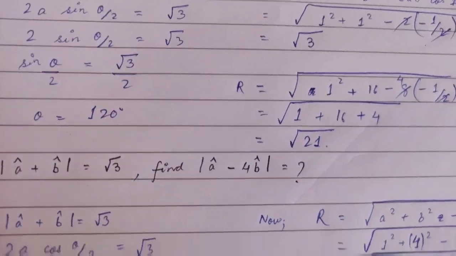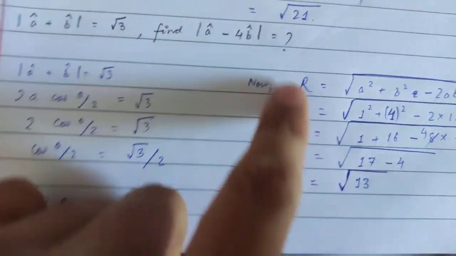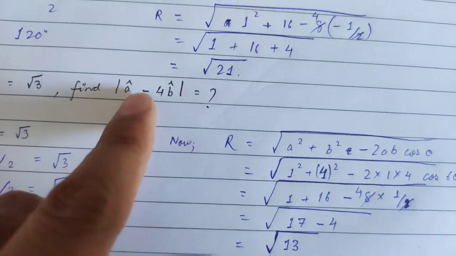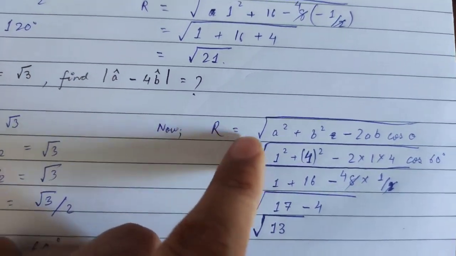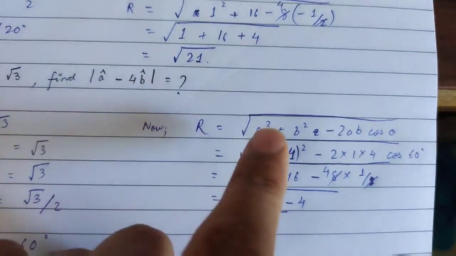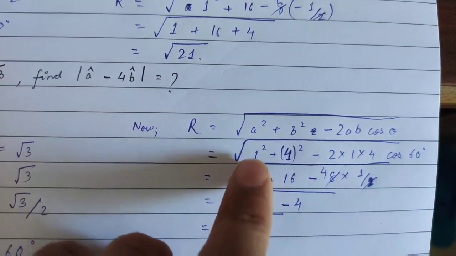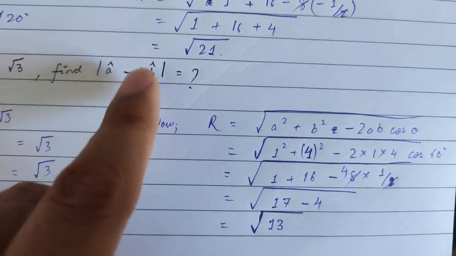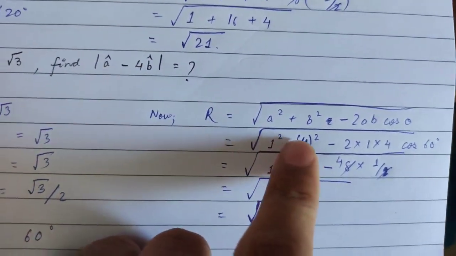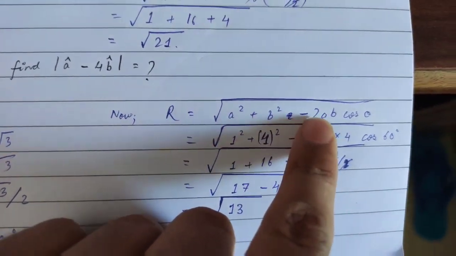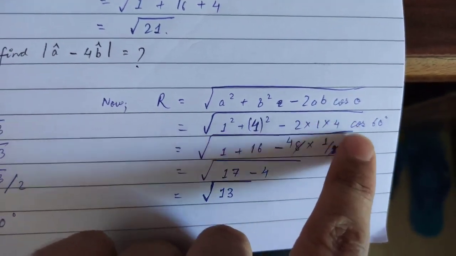Now we can easily find the value of a cap minus 4b cap. Since it is subtraction, r equals root over a square plus b square minus 2ab cos theta. Now a is 1 and b is 4, so 4 into 1 gives us 4. So 1 square plus 4 square minus 2 into 1 into 4 cos 60.